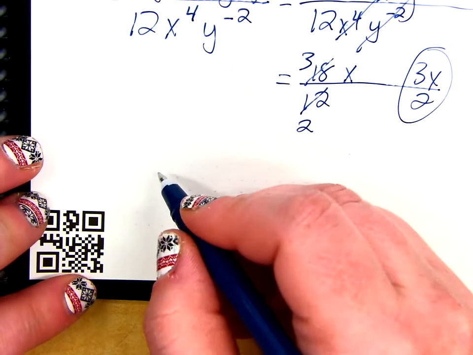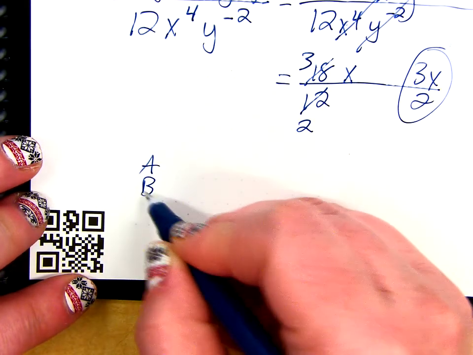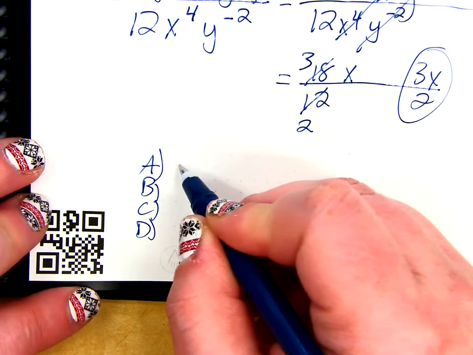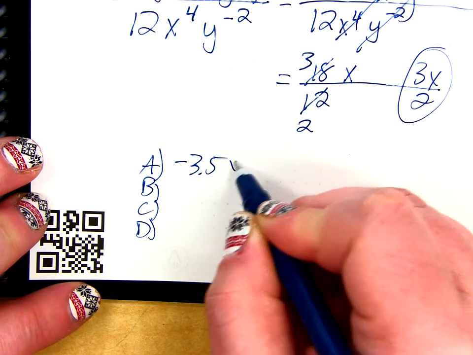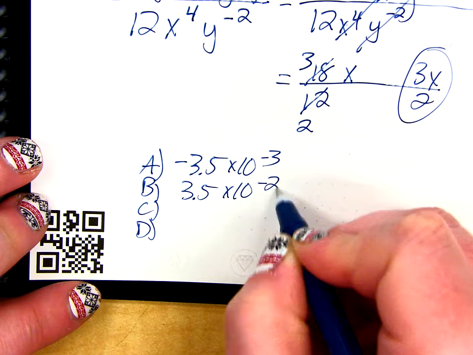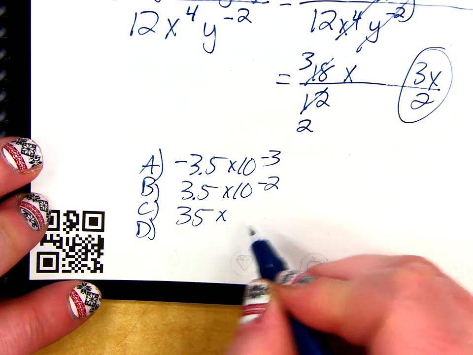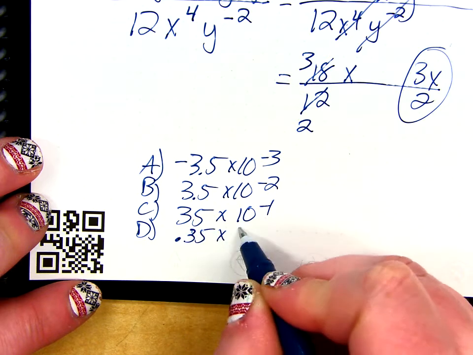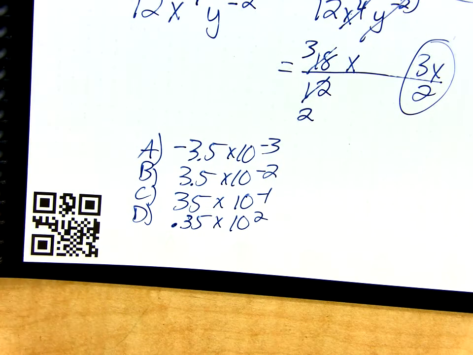First of all, if you are given choices on a final exam and they look like the following, let's just pretend that you got those 4 choices and you're supposed to be writing your answer in proper scientific notation. You can already cross off 2 of these right away.